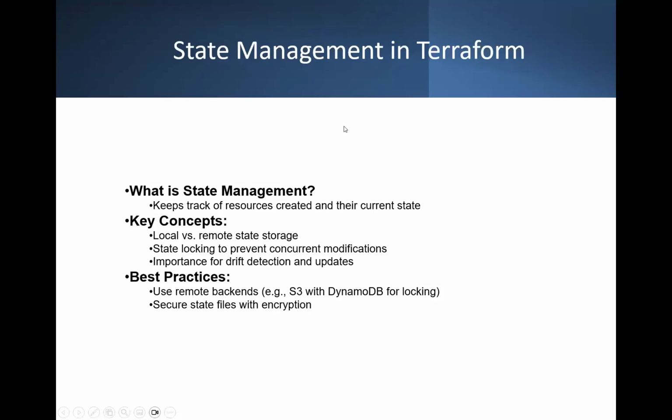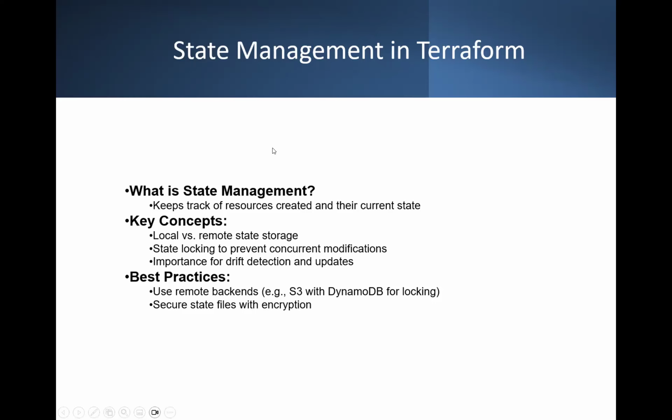I think I was talking about the state management in Terraform, right? Once the resources are deployed, we are not going to provide any information in the version control system for the resources, whatever has been deployed, like the IP address of that particular machine, the virtual machine or server or instance, what it is running, and how much is being utilized.